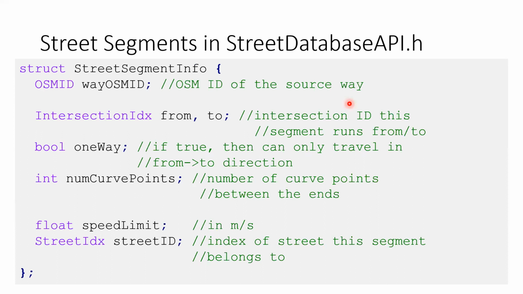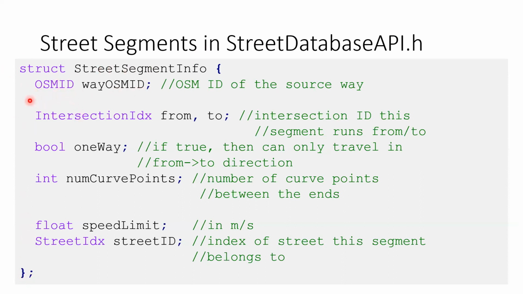So let's then open the street database API.h. This is just part of the street database API.h header file. You can see the street segments are stored in structs. And here is the information stored in a single street segment.